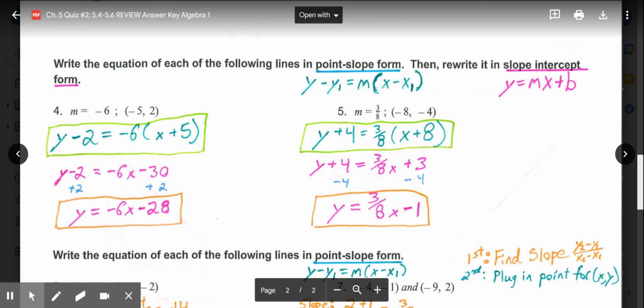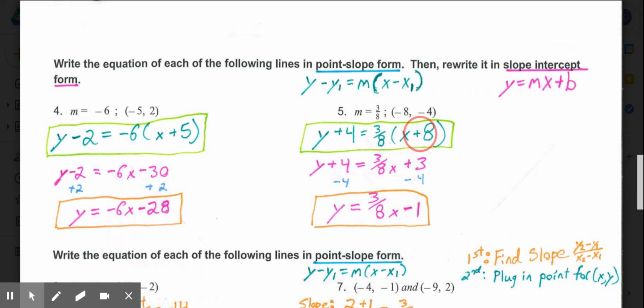In number 5, it's the same process. So first we need to write point slope form. So we end up with y plus 4 equals 3/8 times the quantity x plus 8. Both turn to addition because our point is negative 8, negative 4. Then we need to distribute the 3/8 to each part of the inside on the right.